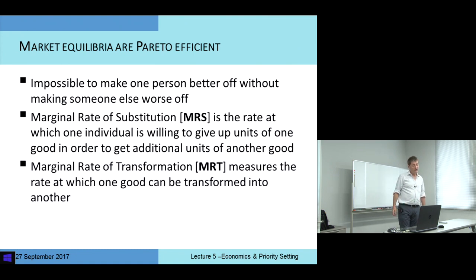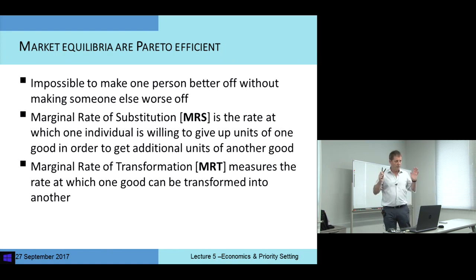Marginal rate of transformation, abbreviated MRT, measures the rate at which the economy is able to produce less of one thing and with the resources released, more of something else. So the MRT is telling us about how the economy functions in terms of being able to combine inputs to produce outputs.